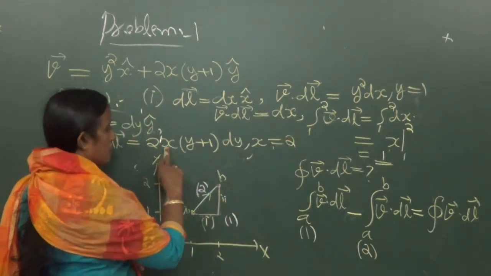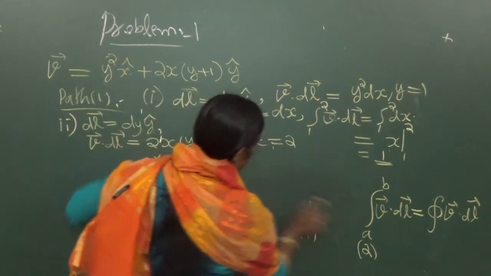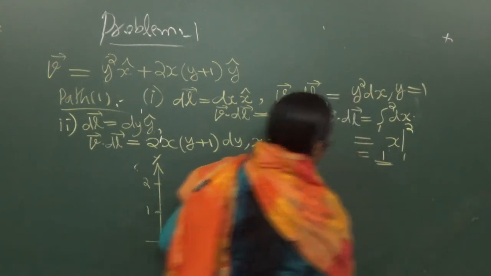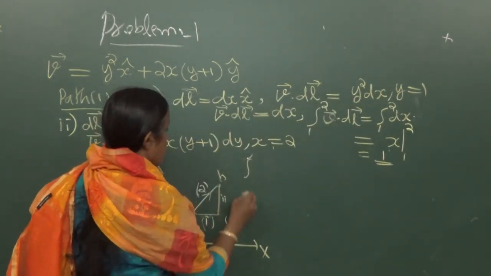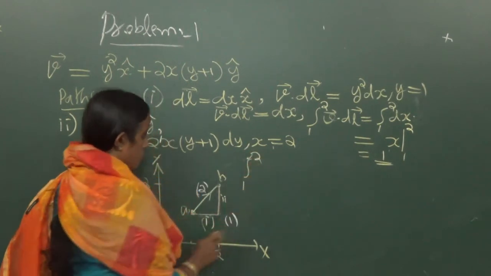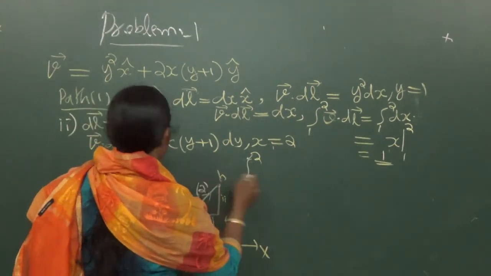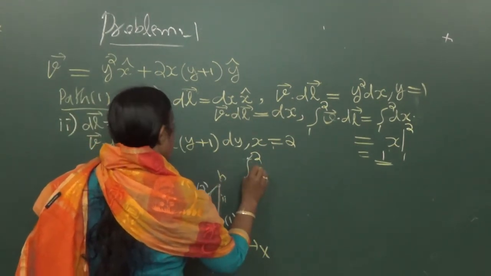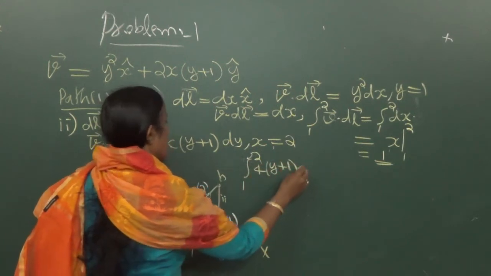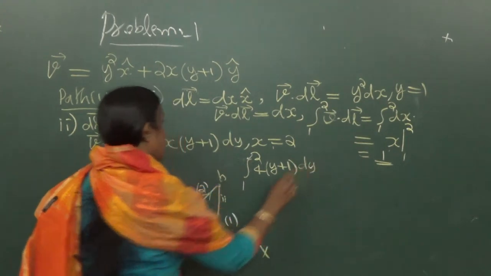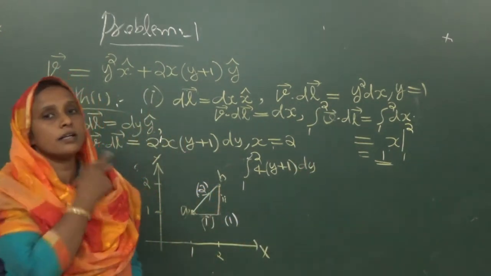You can substitute here, so you get integral 1 to 2 of (4y plus 1) dy.